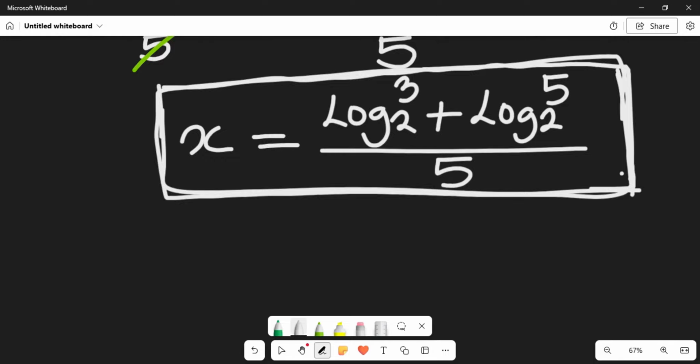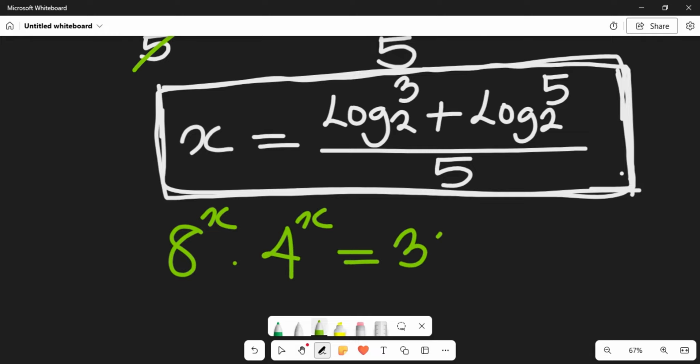And recall the initial equation given to us, 8 to the power of x multiplied by 4 to the power of x, and both equal to 30. Now, if we assume all these solutions to be equal to x, how do we solve this expression?